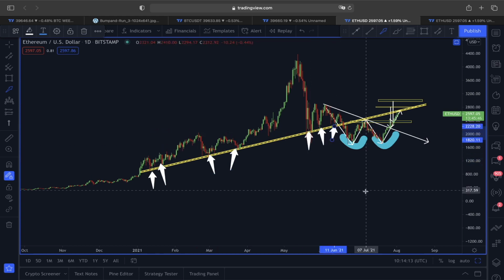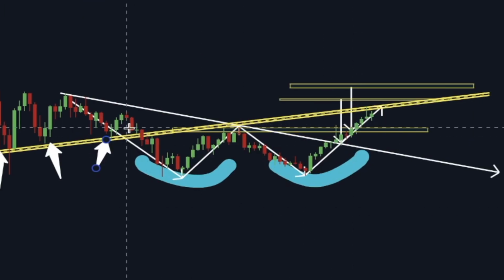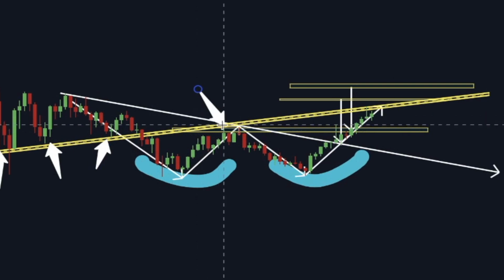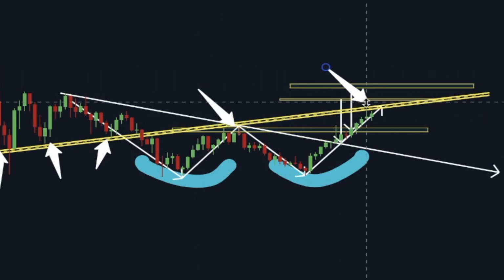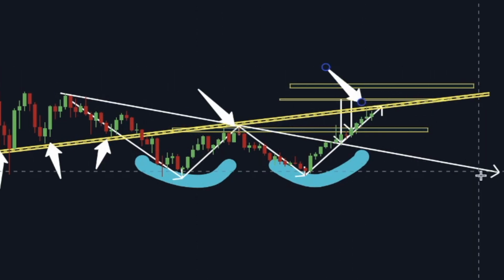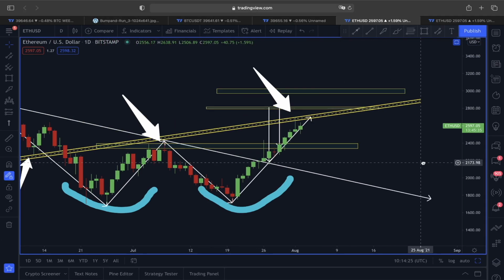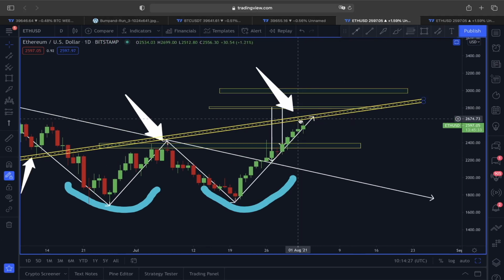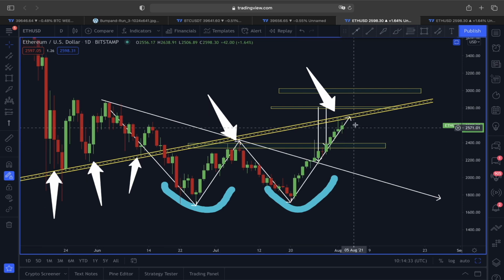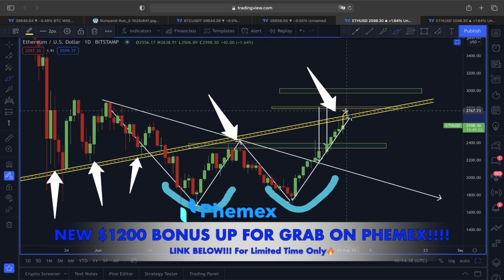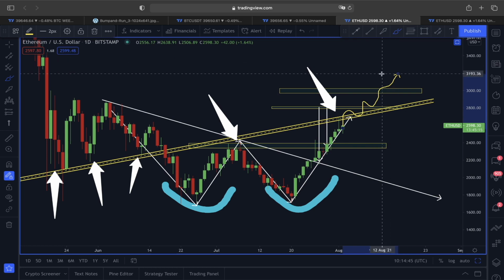The price tested this line pretty often, but once we broke below it, the same line acted as a resistance, and it is also acting as a resistance right now. Exactly when we reached around the 2,680, 2,700 area, we got a strong rejection from this rising trend line. So if the price of Ethereum manages to flip this resistance into support, then this trend could also continue on a journey higher than $3,000.